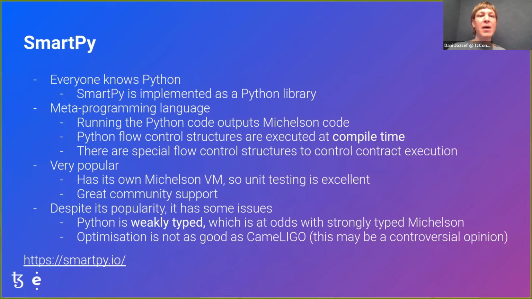And it is a meta-programming language, which means that we are not running a compiler with our code as its input, but we're running the Python code itself that we wrote, and it outputs Michelson code.